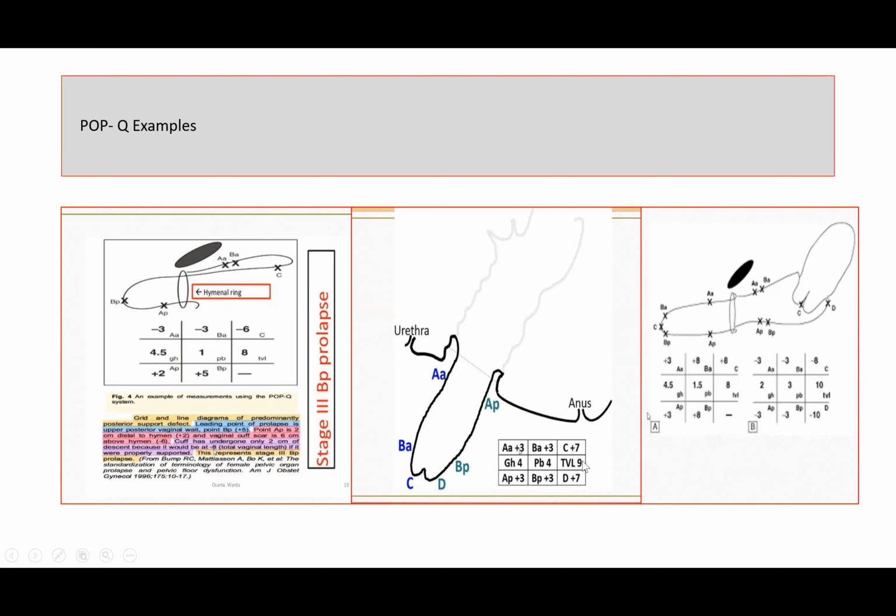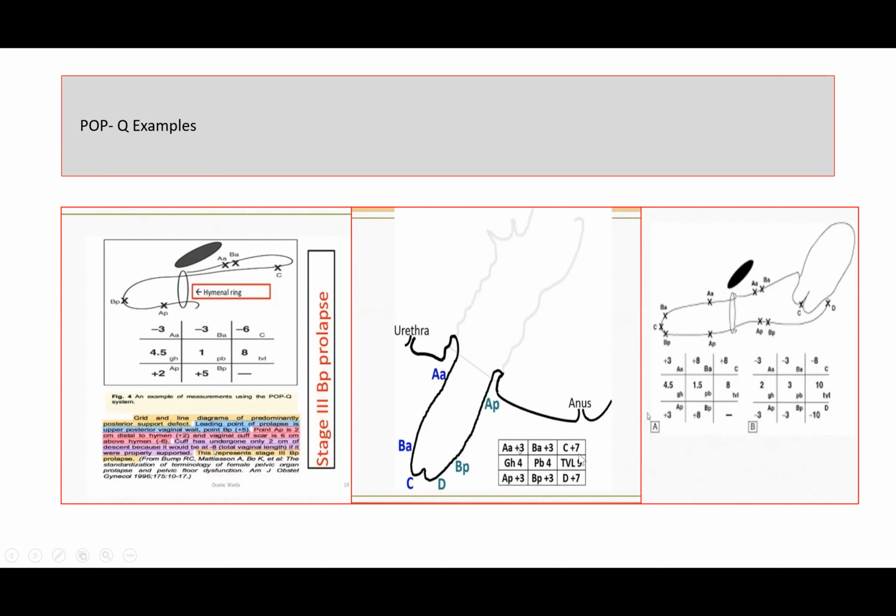Total vaginal length is 9, and 9 minus 2 is 7. So stage 3 will be more than plus 1 up to less than 7. So AA and BA in these compartments are stage 3 prolapse.